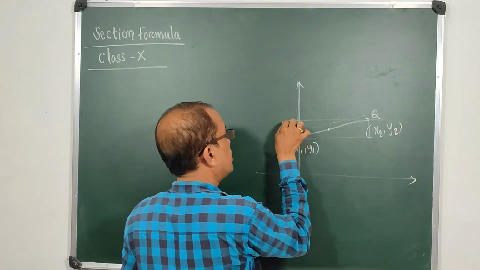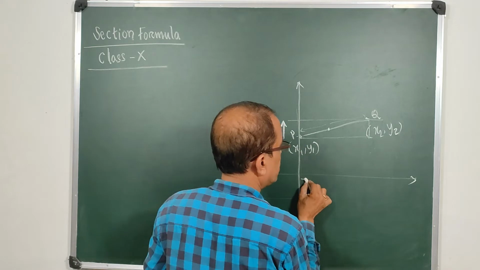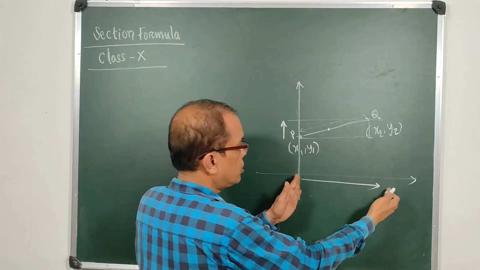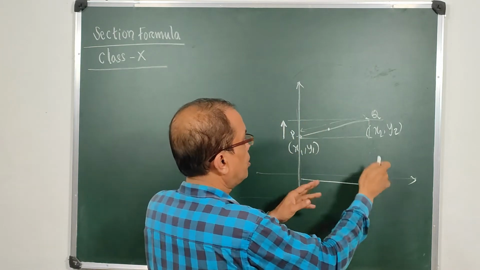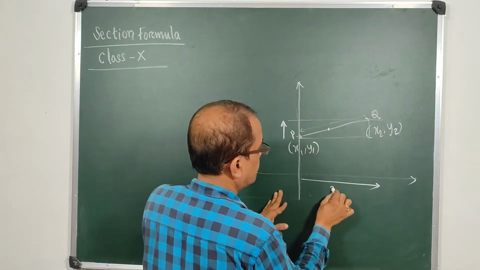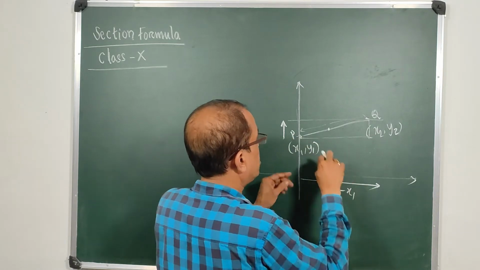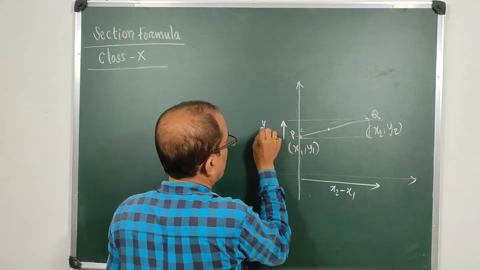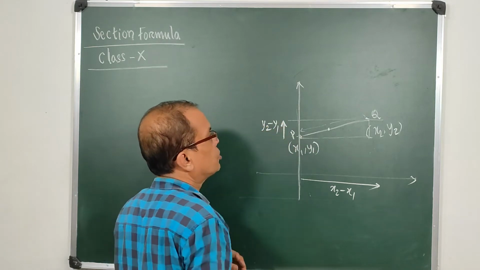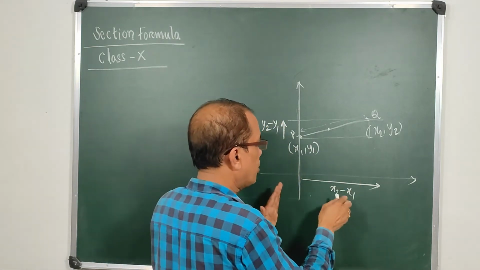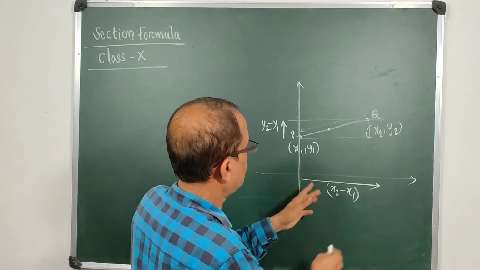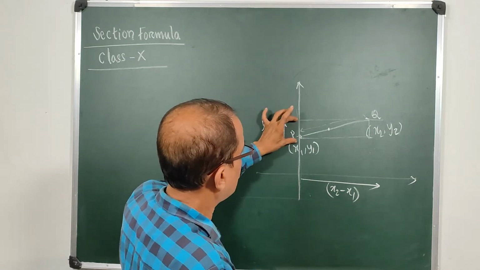So we have shifted in this direction as well as in this direction. So what is this change? The change in x will be x2 minus x1, and the change in y will be y2 minus y1. So we have this much distance horizontally and this much distance vertically.